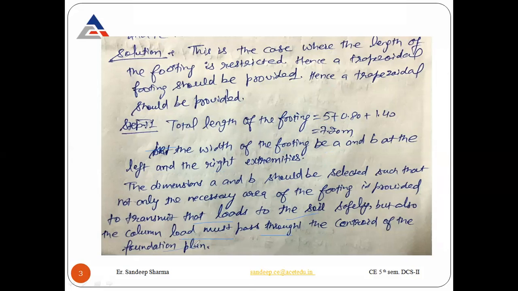So this is the main condition: the whole load should pass through the centroid. There is no compulsion that just the required area be fulfilled, but also the whole load must pass through the centroid.